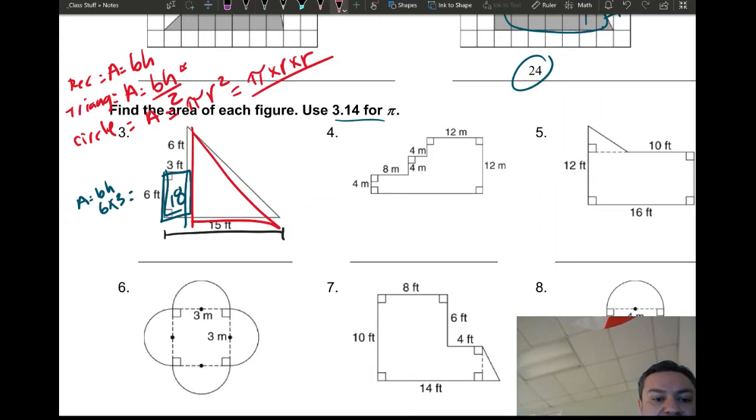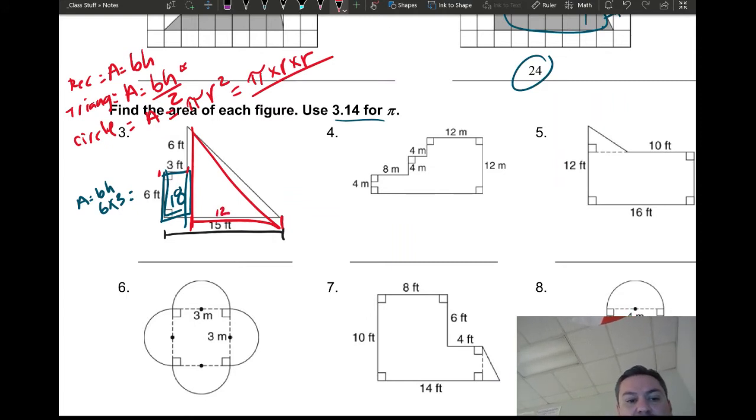However, the base of my triangle goes from here to here, and it's not 15. The distance from here to here is 3. So if we subtract 15 minus 3, we get the base of the triangle, which is 12.